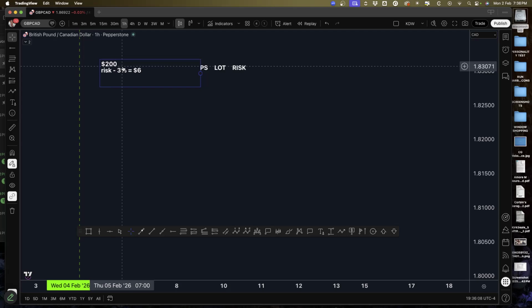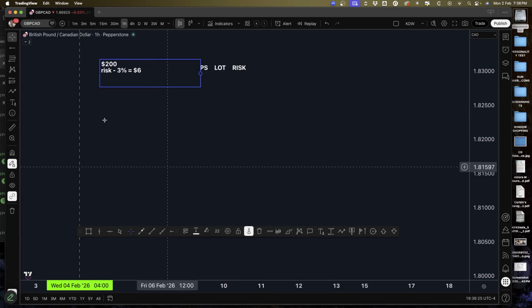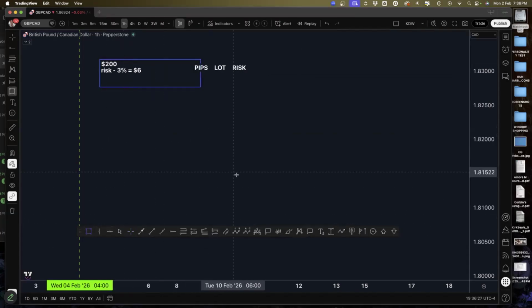So with $200, we only want to lose $6 on this trade. And let's say the stop loss is going to be something like, let's say that is 20 pips. Okay. Let me draw a picture here.